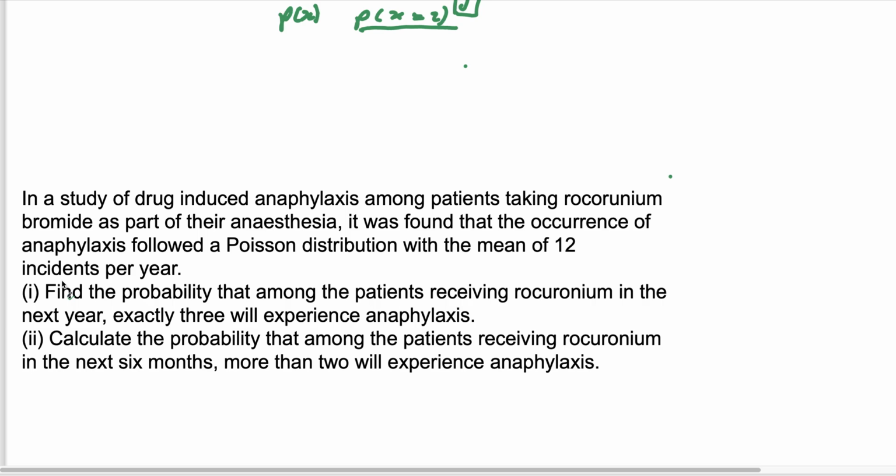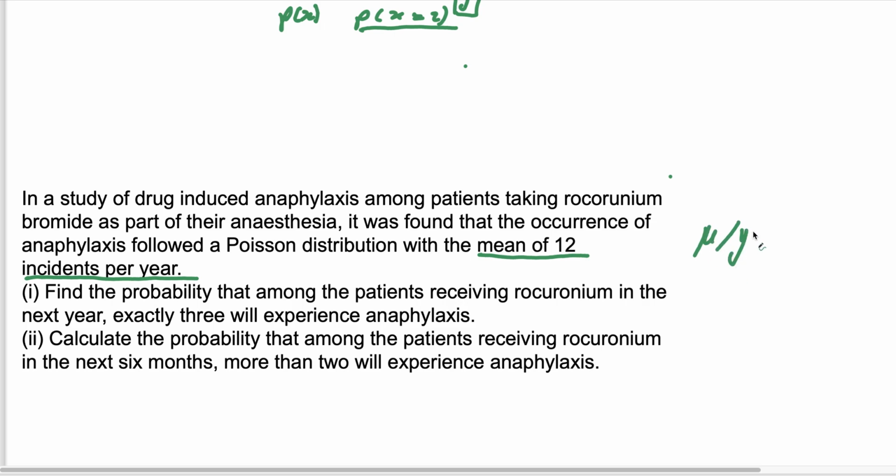In a study of drug-induced anaphylaxis among patients taking rocuronium bromide as part of their anesthesia, it was found that the occurrence of anaphylaxis followed a Poisson distribution with a given mean. Highlight this part, the mean incidents per year, and just write it as mean per year.